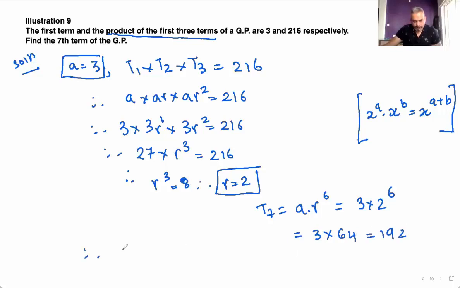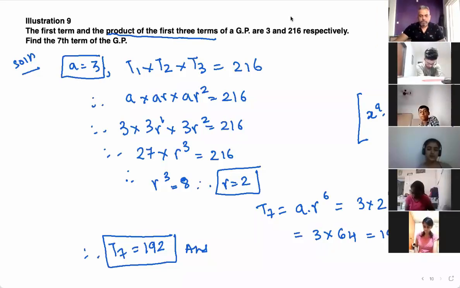Therefore, T7 is equal to 192. Answer. Done? Yes, sir.